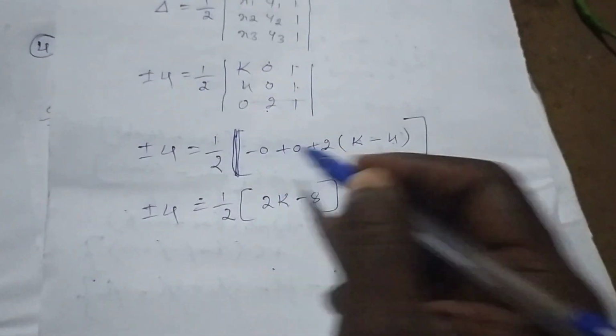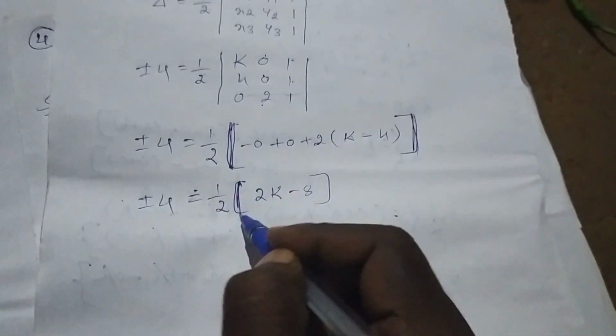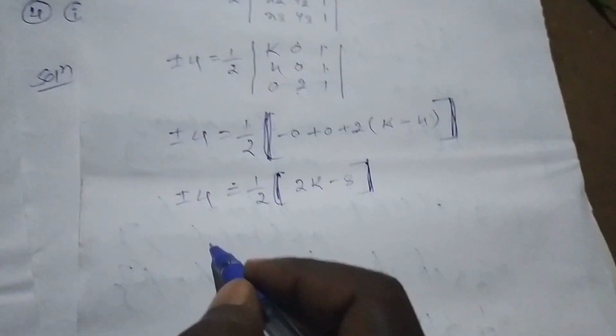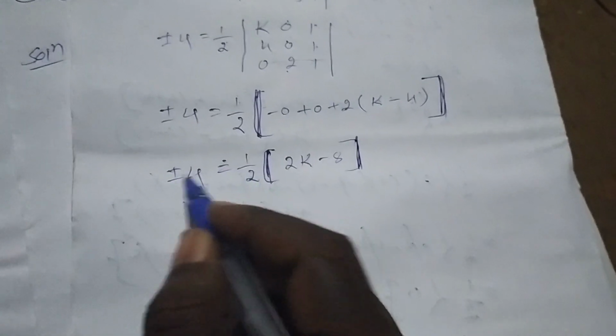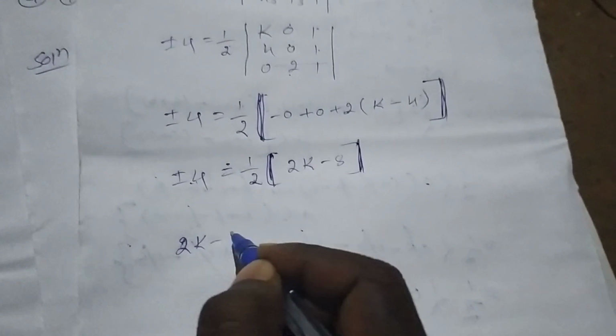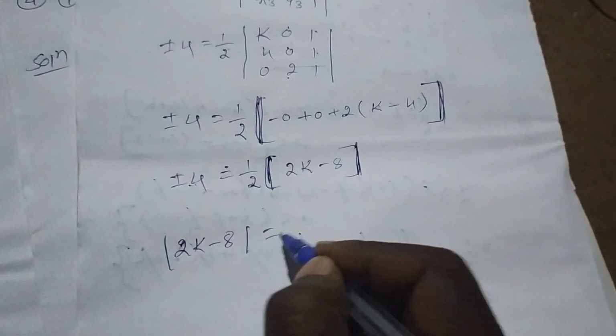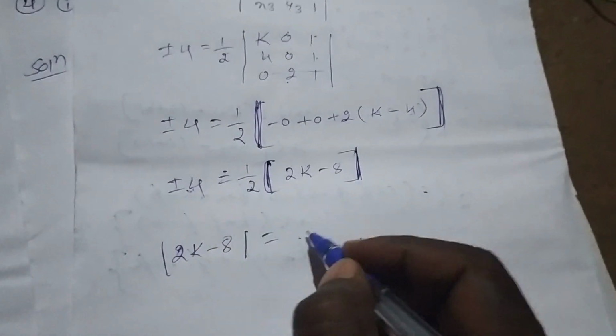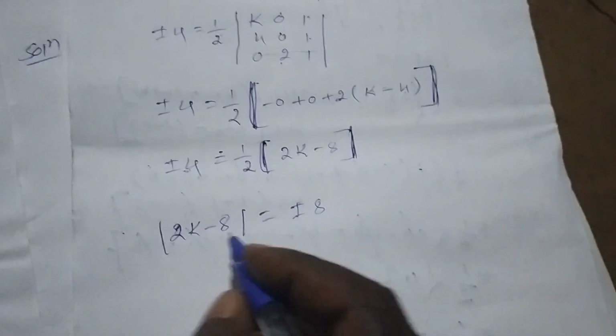So this is mod 2K minus 8. The 2 is transferred here, 2 into plus or minus 4, so 2K minus 8 mod is equal to plus or minus 8.